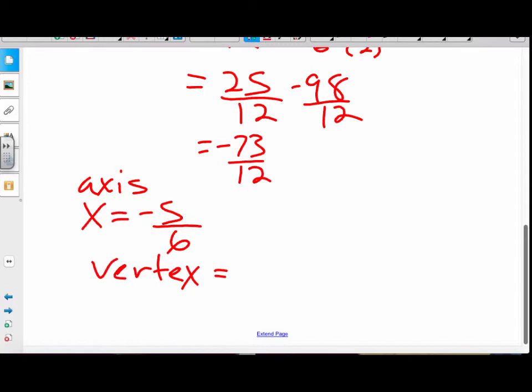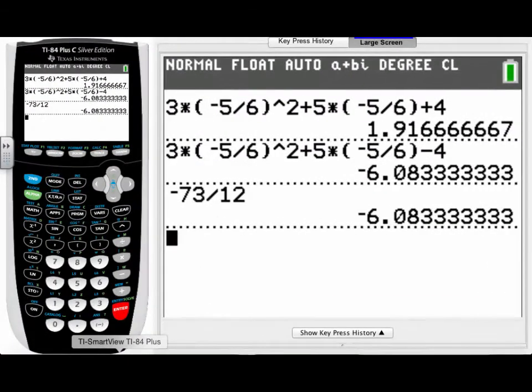Negative 5/6, comma, negative 73. Very good. Negative 5 over 6, comma, negative 73 over 12. Oh, wait, 12. That's right. Wait, hold on. Let's double check. Did I have negative? Yeah, negative, negative. Okay, good.